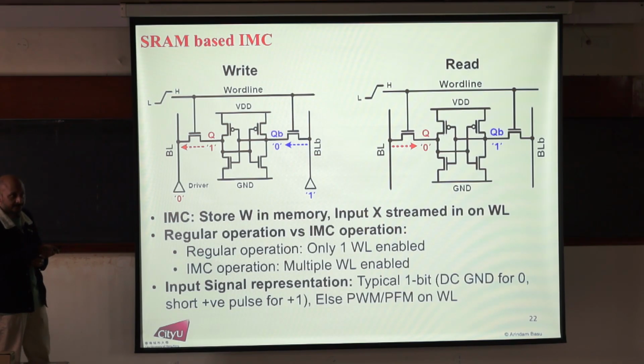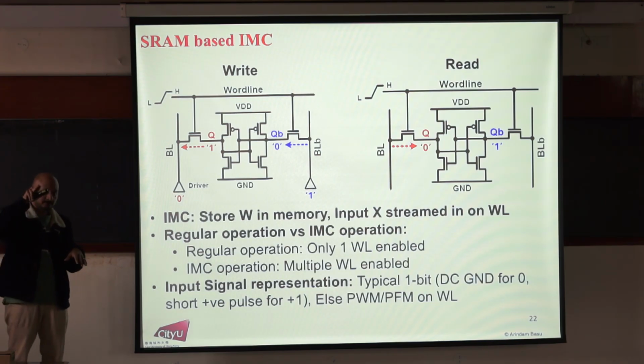Suppose the cell is storing a 0, then for this NMOS, the gate is high, it's on, the source is low, so its VGS is high, so it starts discharging the bit line. So this bit line voltage will start falling. On this side it's a 1, so for this NMOS there is no VGS as such, so ideally there will be no discharge current here, and bit line bar will still be high.